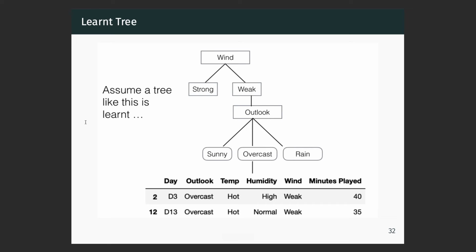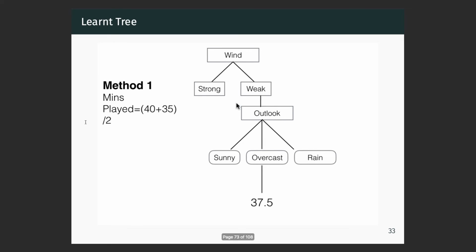So then what is the output that you predict for a forecast? In the previous case, you predicted the mode, or the most commonly occurring value. In this case, you will predict some kind of a metric which summarizes. It could be median or mean. Let's for now take mean as the output. So thus the tree might do something like that. Right? Any questions so far?